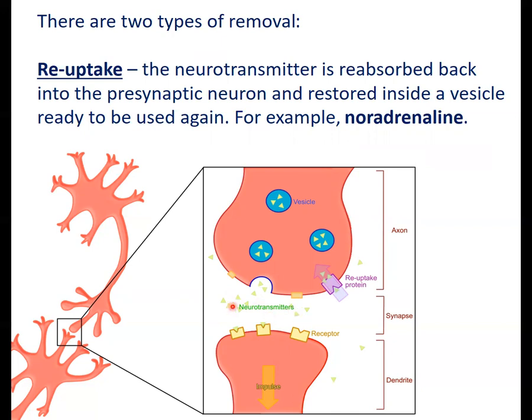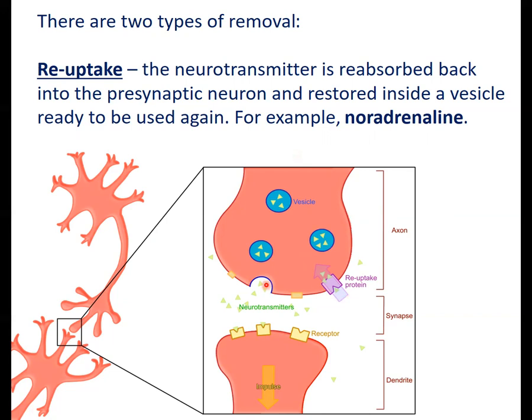Now, a lot of these neurotransmitters will then be retaken back into the presynaptic neuron through a protein molecule in the membrane. So they'll be actively transported back into the presynaptic neuron, into the axon, and then stored again in vesicles, ready for the next time that an electrical impulse travels and stimulates them to move to the membrane again.